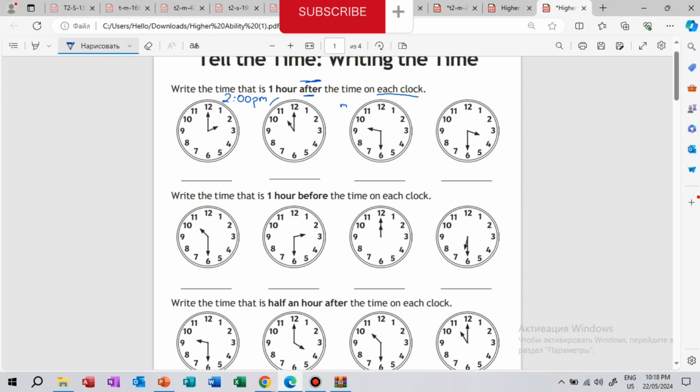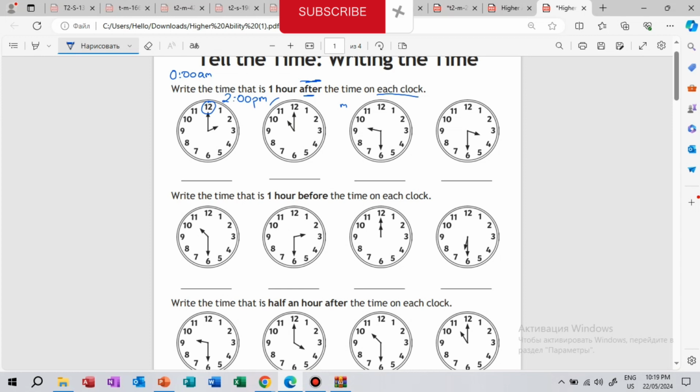Now in a 12-hour clock, it just means that it's 12 hours. Now in a 24-hour clock, how can we use this clock to be 24 if there are only 12 numbers on the clock? So what we need to know on a 24-hour format is that 12 is midnight. It's 0. 12 is 0, 0 a.m. That's on a 24-hour clock.